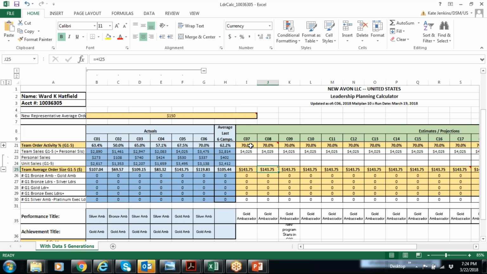Her activity was 80%, and her team sales with 25 people were like $5,000. So her situation was really awesome. I dug in there and I saw that she had some President's Club members on her team, which obviously is going to help your average order size go up as well.